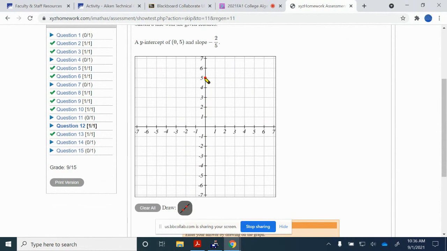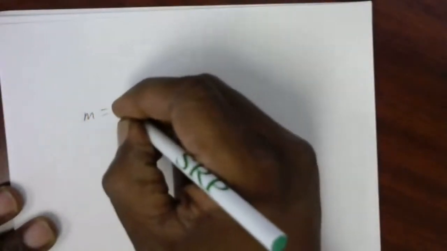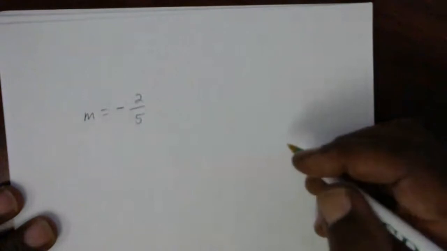From this point, we want to calculate or draw out the slope. So notice that our slope is -2/5. I'm going to go back to the camera for just 1 second. So the slope is -2/5.